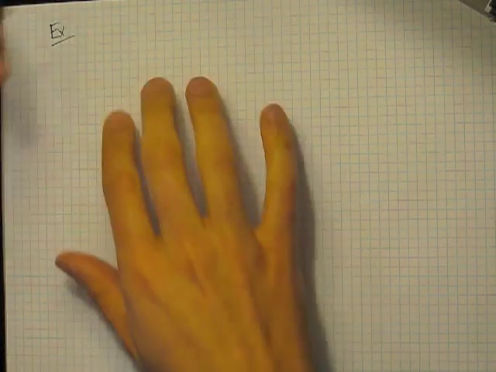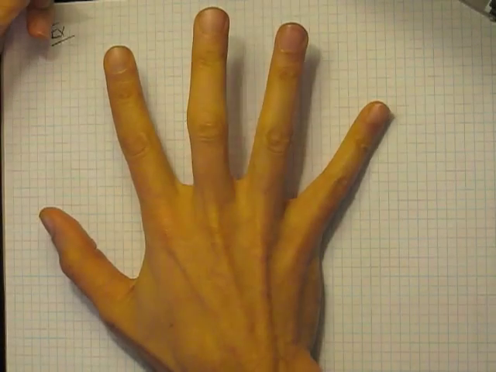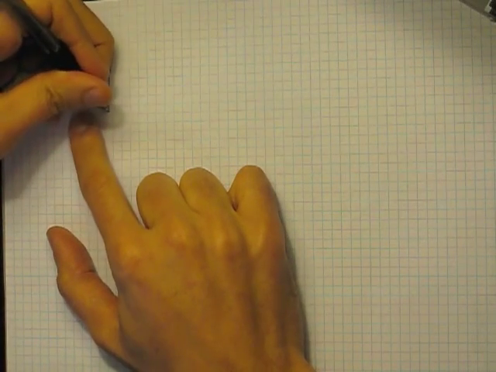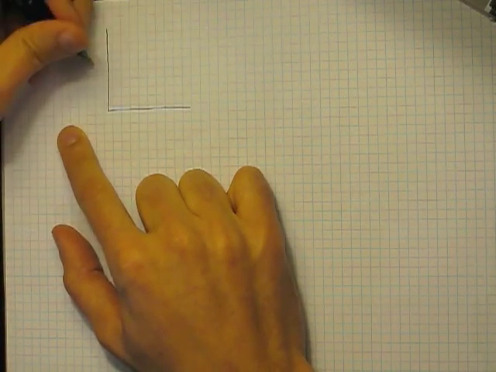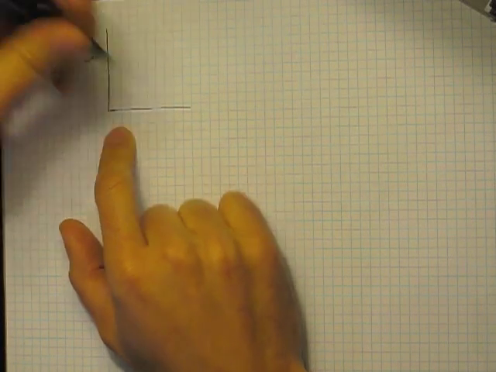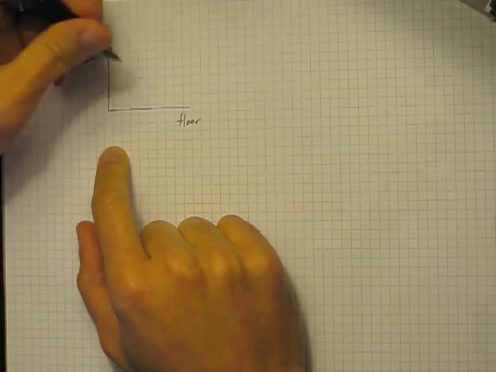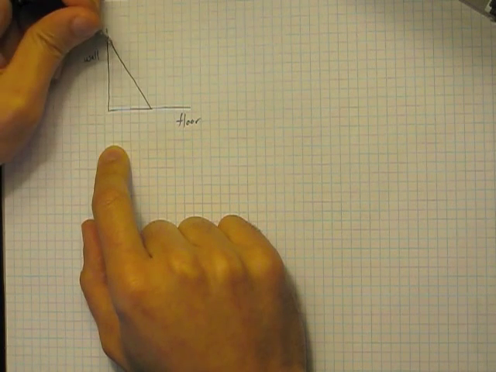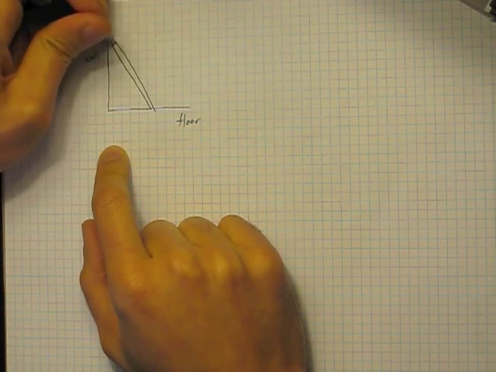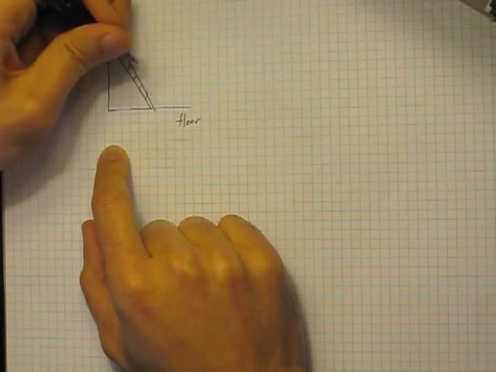Okay, so I'm going to draw a picture to depict what's going on here. I want you to imagine that this is a wall, and this is the floor, and this is a ladder. And the ladder is 10 feet long.